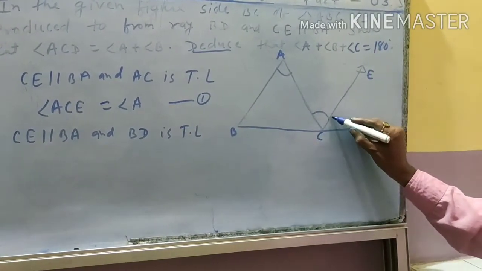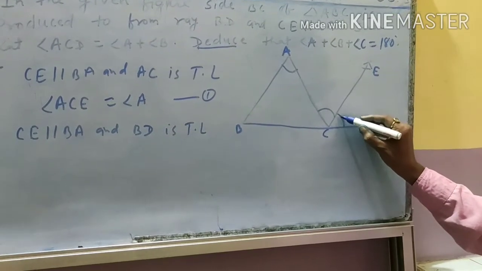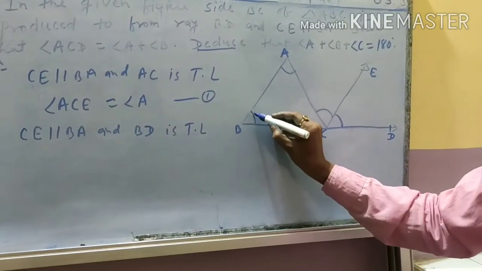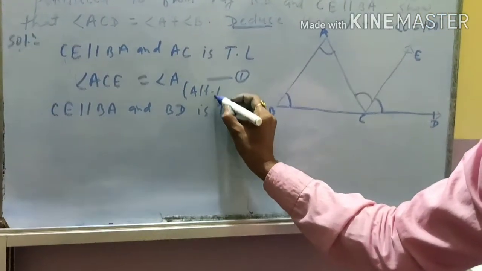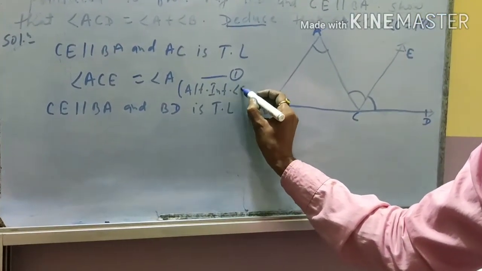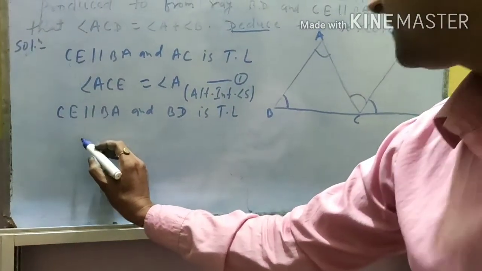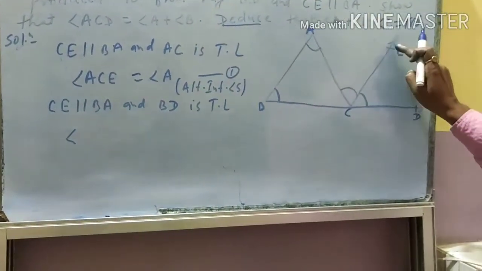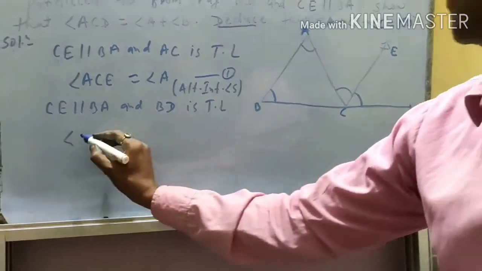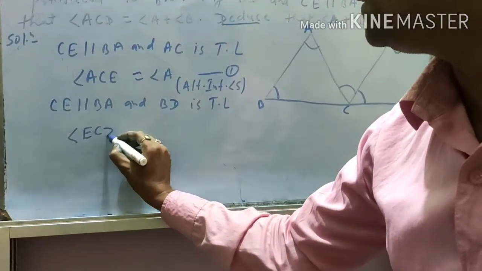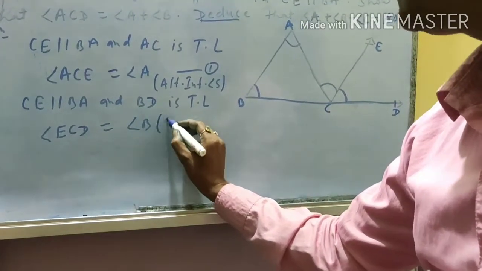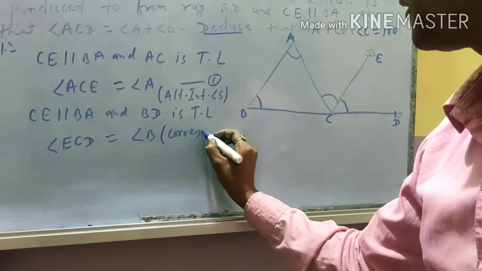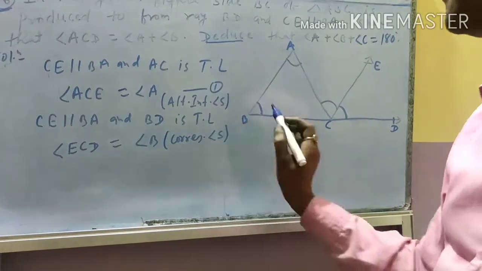So we can write here this angle is equal to this angle, corresponding angle. And the second one is angle ECD. Angle ECD is equal to angle B. The reason is corresponding angles.